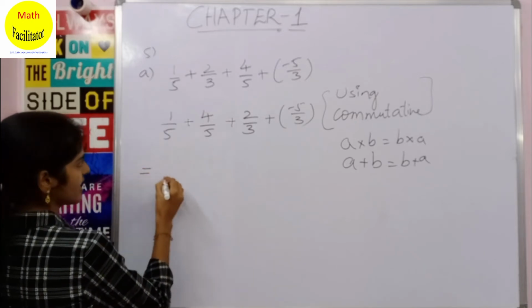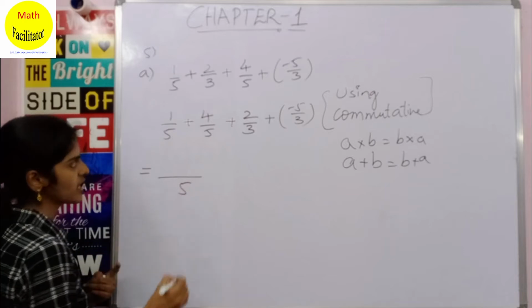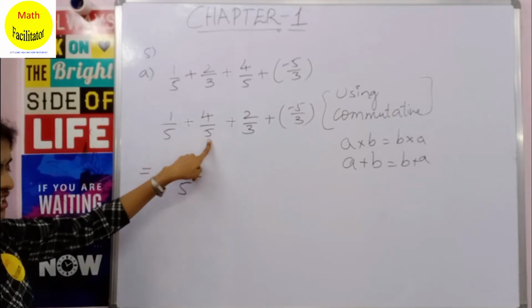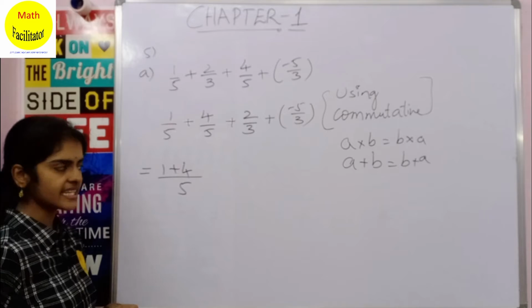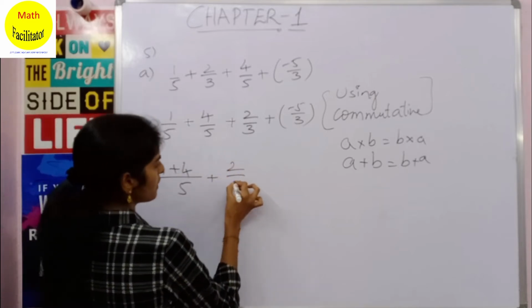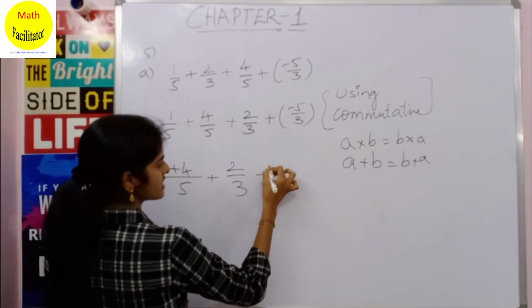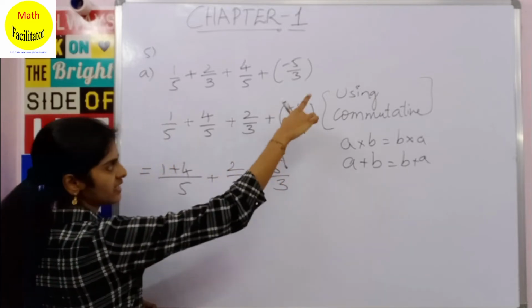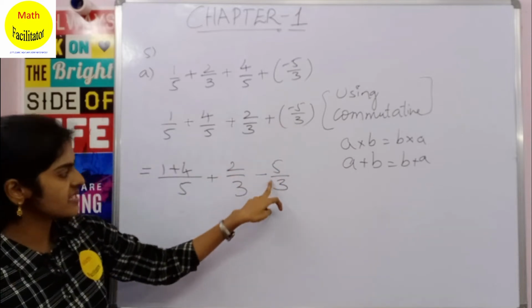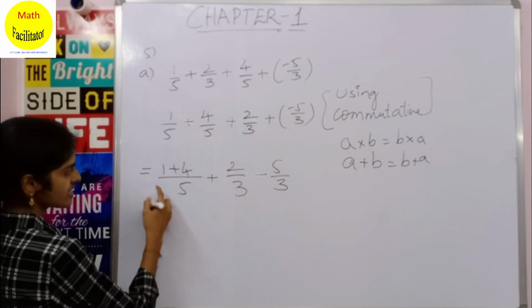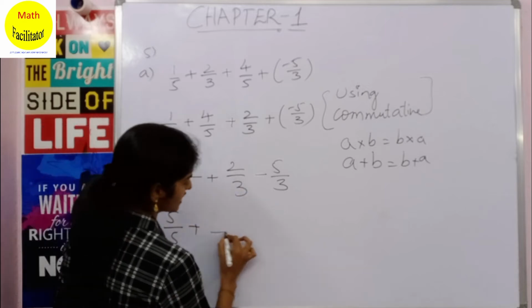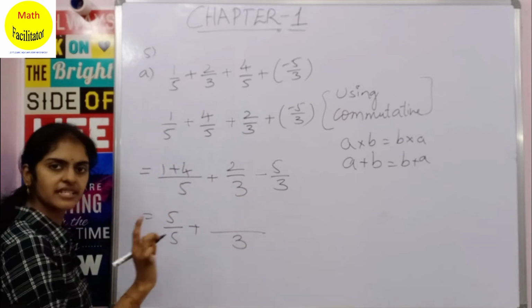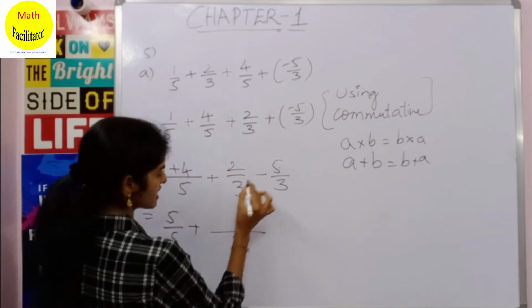Now take the LCM of these two numbers. They are like fractions, so the LCM is 5 and the numerators you can simply add. Plus 2 by 3, now plus into minus is minus 5 by 3. Opening the brackets, plus into minus is minus 5 by 3. Now 1 plus 4 is 5 by 5, plus, now this is again a like fraction, so you can simply take the LCM, 2 minus 5.